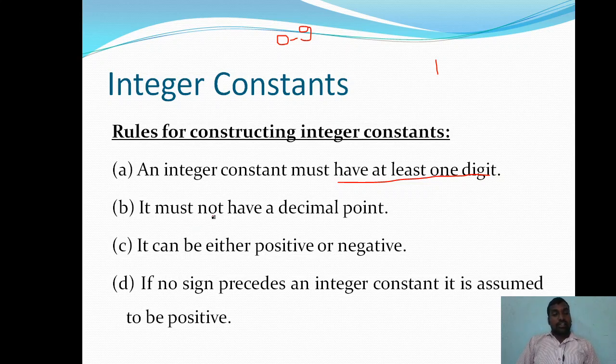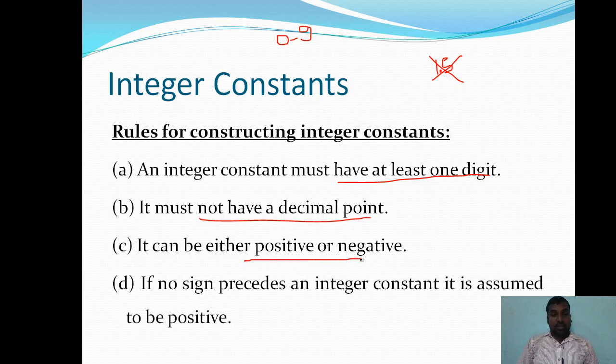And the integer constant must not have a decimal point. If it has something like 1.5, it is not an integer constant, it is a float constant, a fractional constant. If it has a dot symbol in the value, it is not an integer constant.